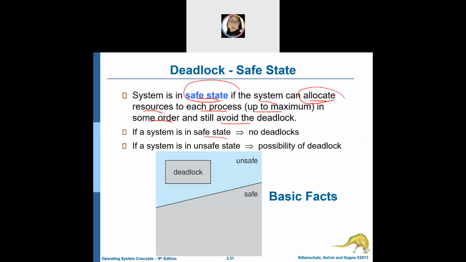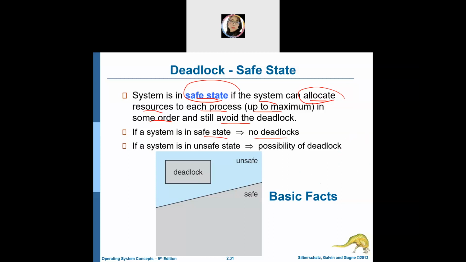If a system is in a safe state, there is no deadlock, because no need for you to wait. Otherwise I need to wait for another allowance from my parents. Tomorrow they're going to give me another RM 100, let's say, for me to eat tomorrow morning, evening, and night, but you can see you need to wait. If you are in a safe state, no need for you to wait.